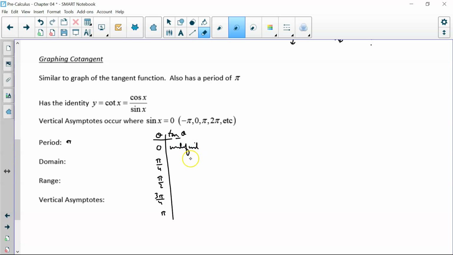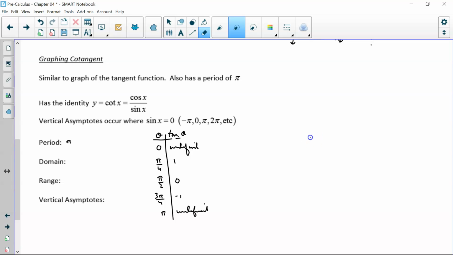Pi over 4, the tangent of pi over 4 is 1. The tangent of pi over 2 is 0. The tangent of 3 pi over 4 is going to be a negative 1. And the tangent of pi is going to be undefined because that's when sine is 0.